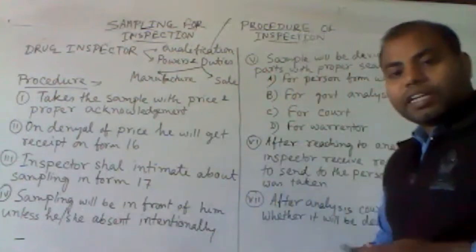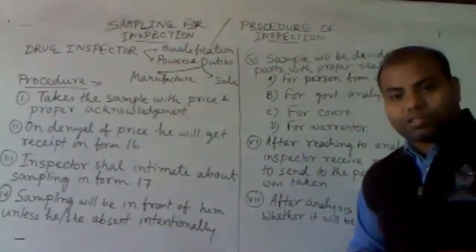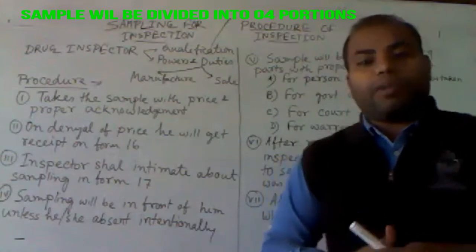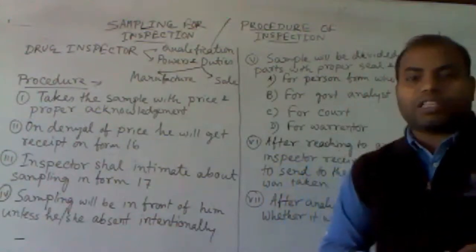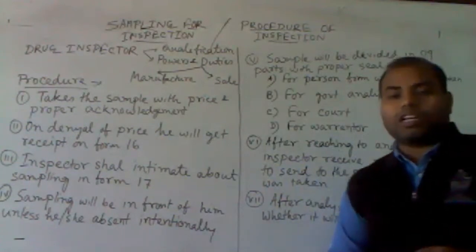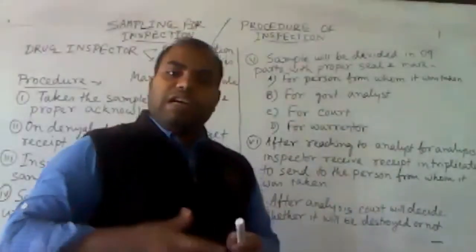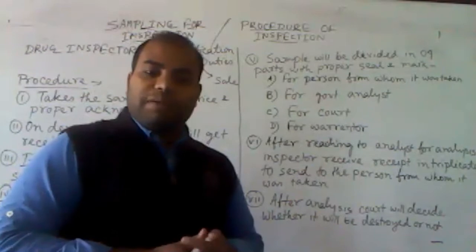Okay. After taking, the sample will be divided into 4 parts. The 4 portions will be properly sealed in proper containers. It may be a small volume container or a large volume container, depending upon the nature or the amount of the sample.